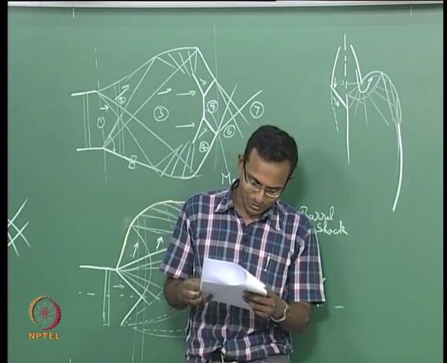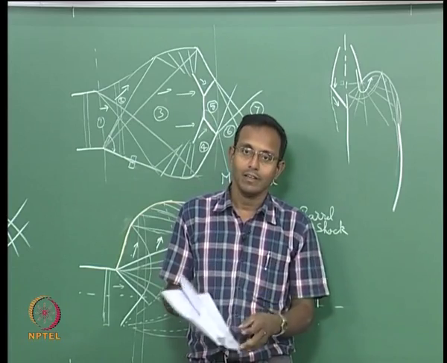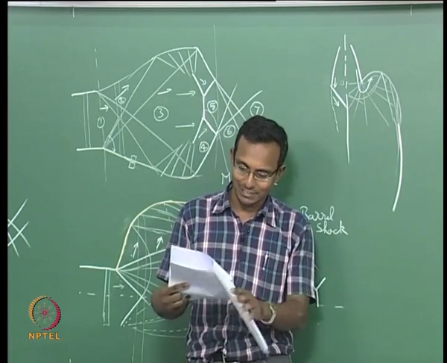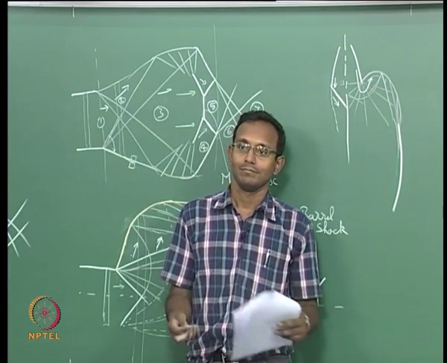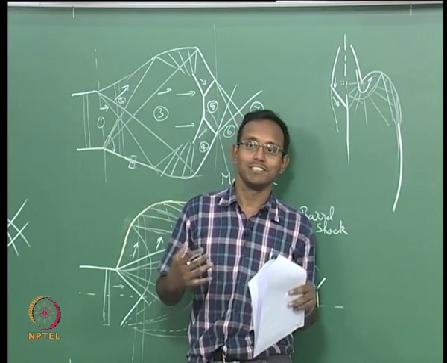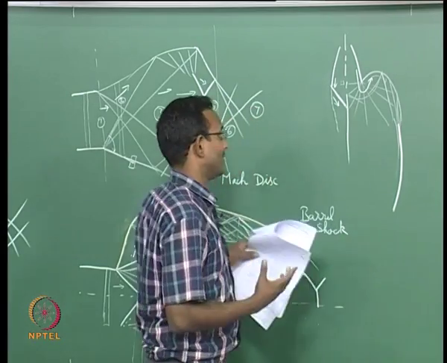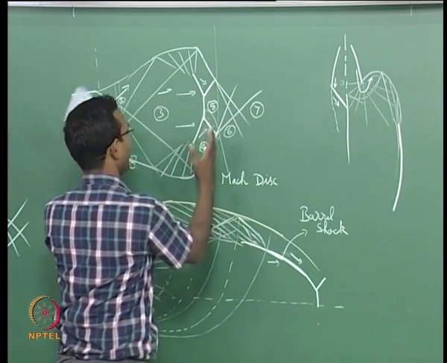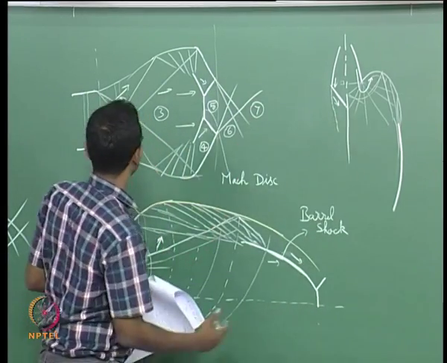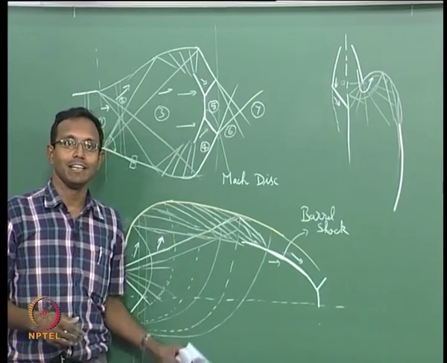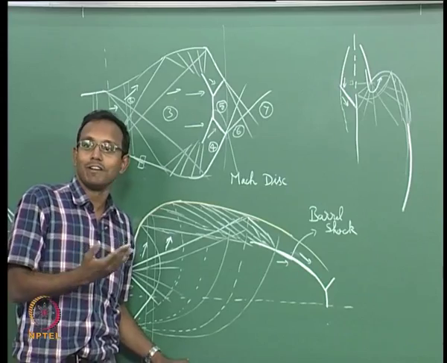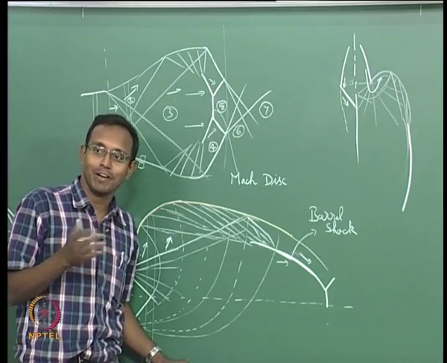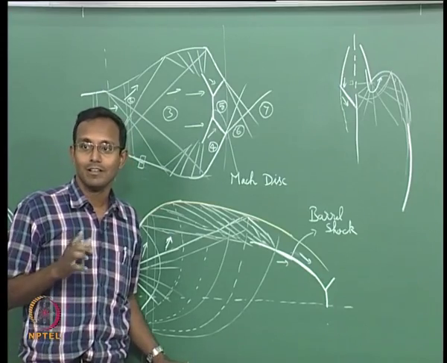How many such expansion compression cells, these repeatable packets, can I have really? How many will I have in a jet? Ideally it should be infinity, right? If you think about it, it should just be oscillating up and down, up and down, up and down forever.